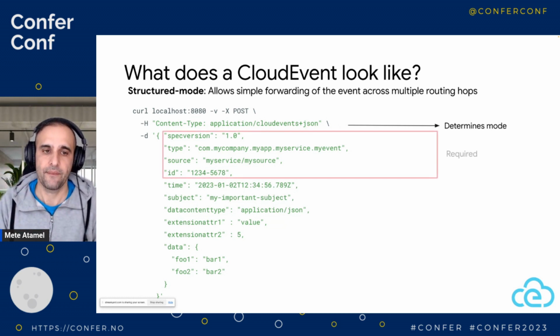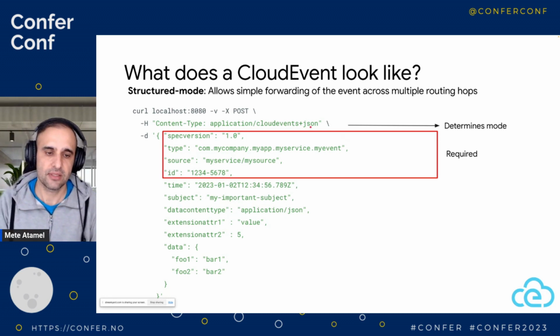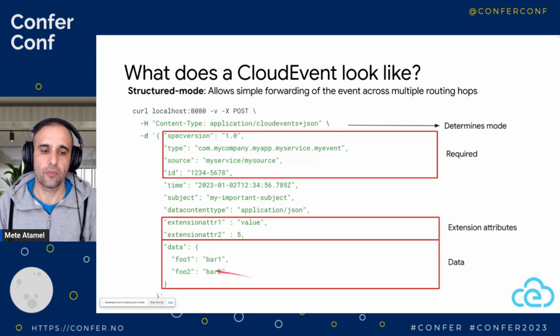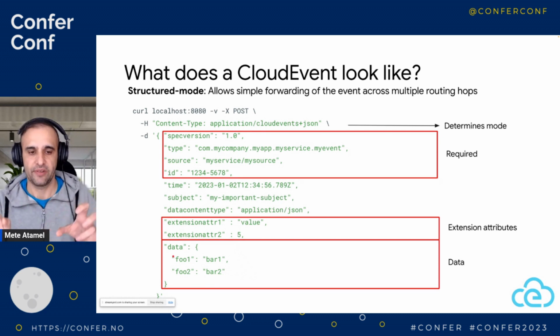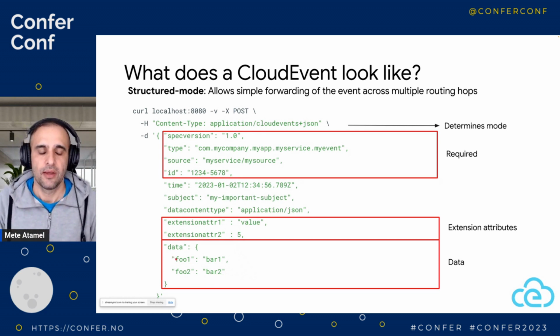Then we have the required fields of CloudEvents, and this is just regular JSON in the body of the event, right? So this is the required fields. Then we have the extension attributes, and then the actual payload lives under the data field, because the body includes the whole cloud event.